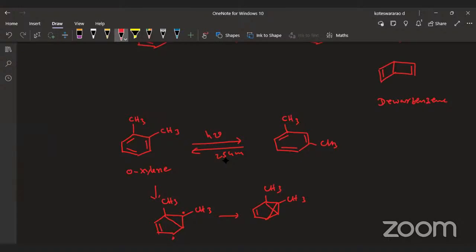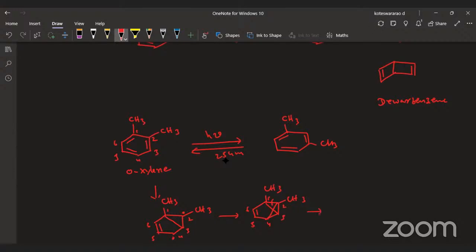For example, in the previous case, 1, 2, 3, 4, 5, 6. Here also I'm labeling 1, 2, 3, 4, 5, 6. Then it leads to the rearrangement, fusion of C1 and C4 bond, C1 and C2 bond. That means that this bond is undergoing the cleavage.